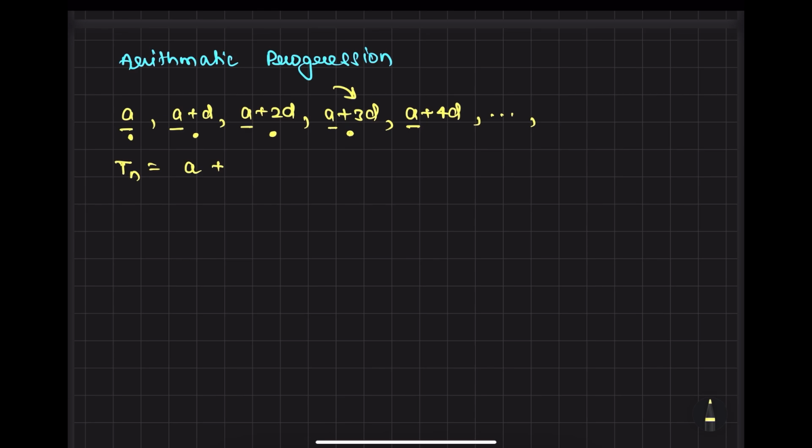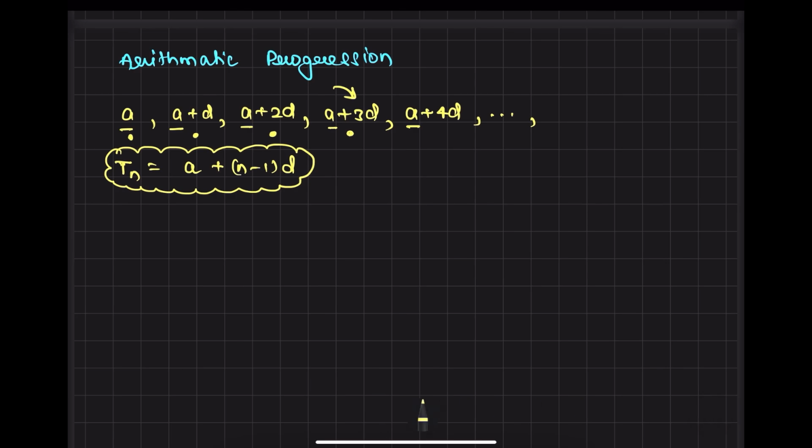Okay, so if you will observe, the term which I am calling and the d which you are answering is 1 less than that. So can I say that for nth term the number of d would be n minus 1 d? Okay, so this is the general term for arithmetic progression.